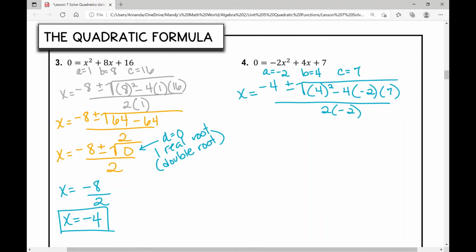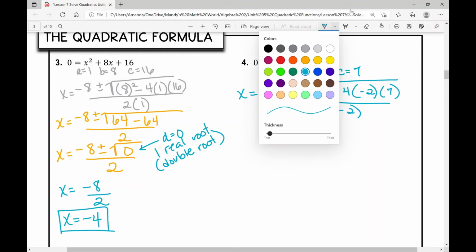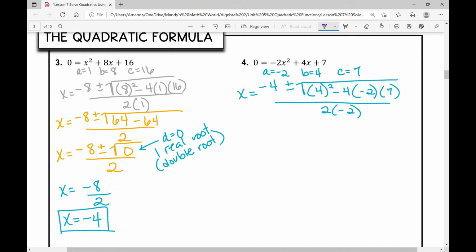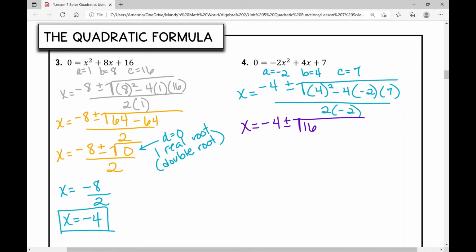And I plug those in. I didn't put the parentheses around the opposite of B on the outside just because I know the opposite of 4 is negative 4. So now let's simplify this radicand so that we can find out our discriminant. Plus or minus 4 squared, that's 16, minus negative 4 times negative 2 is positive 8. 8 times 7 is positive 56.